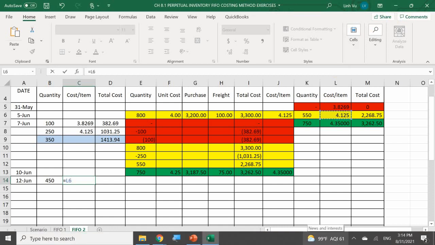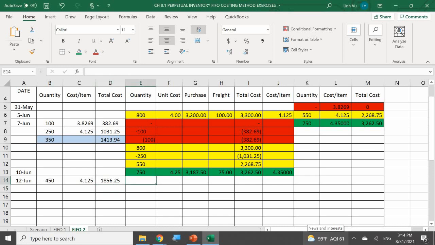Yellow batch. Okay, which gives me a total cost of $1,856.25.